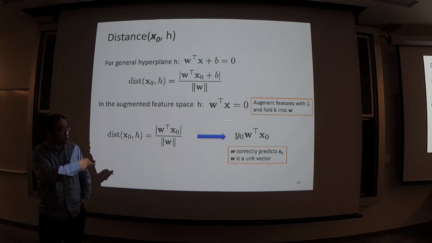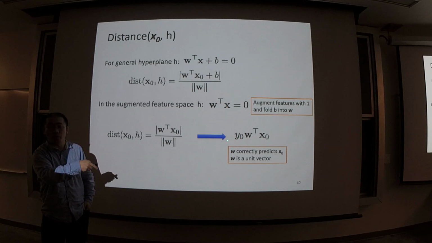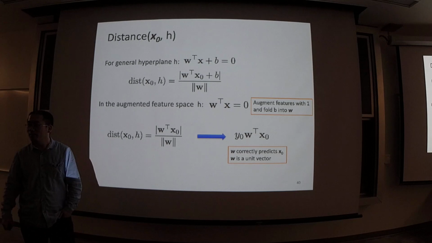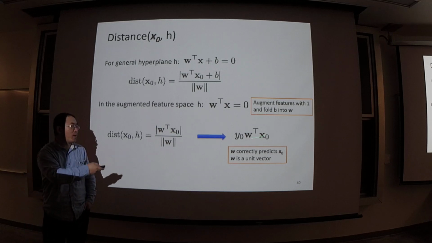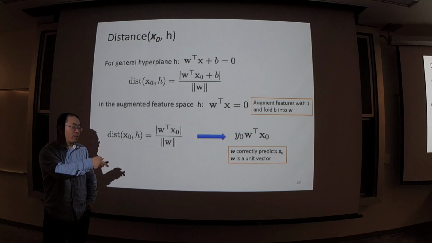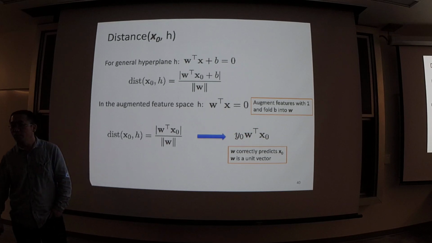We just write y0, the label of x0, multiplied by W transpose x0. Why can we replace the absolute value of the inner product by multiplying the inner product by the label y0?